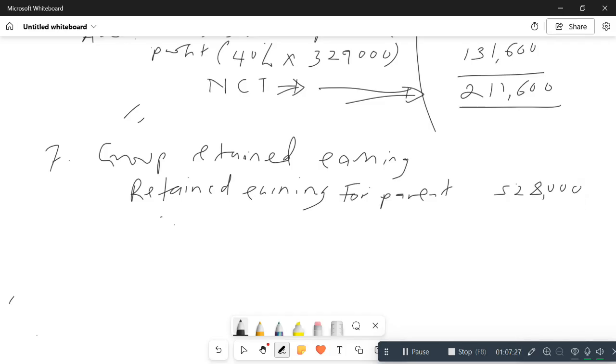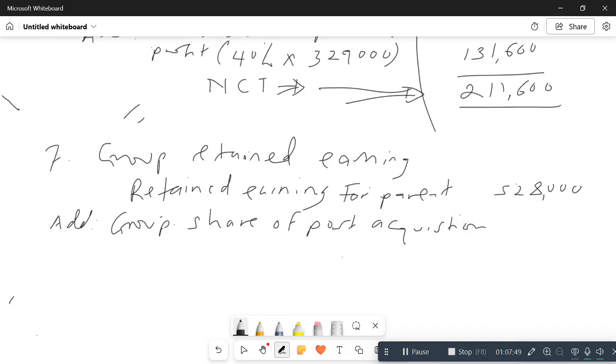Then you add group share of post-acquisition profit for subsidiary, and our share was 60% times our post-acquisition profit.